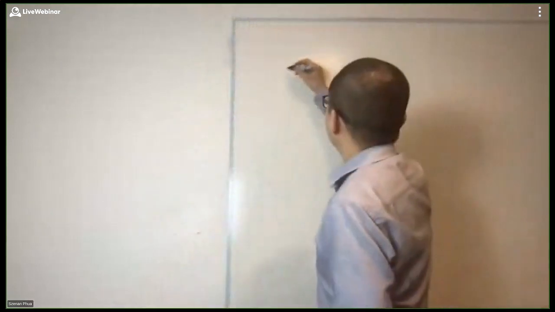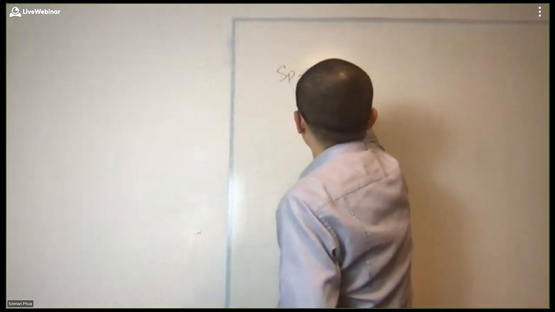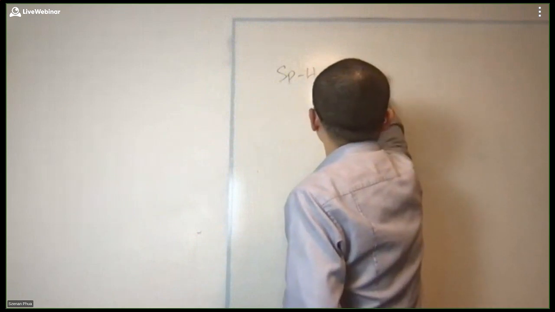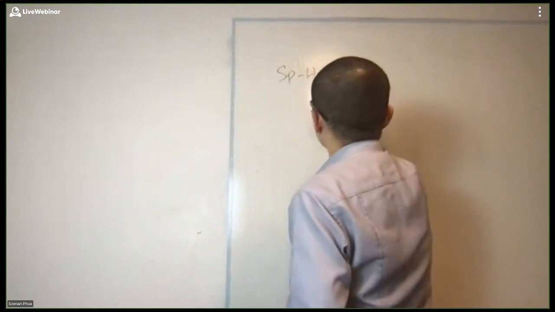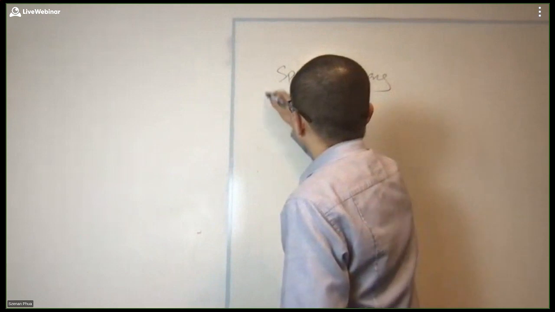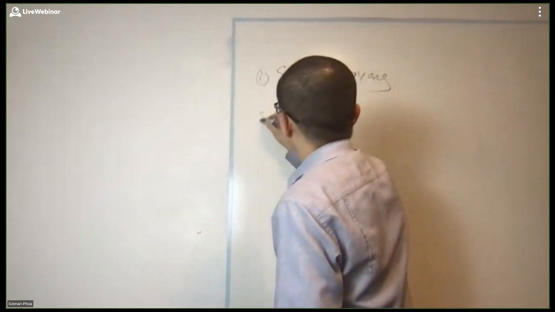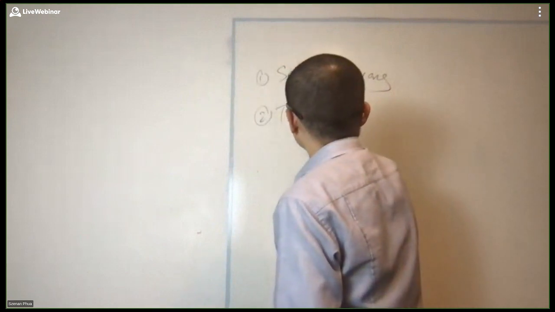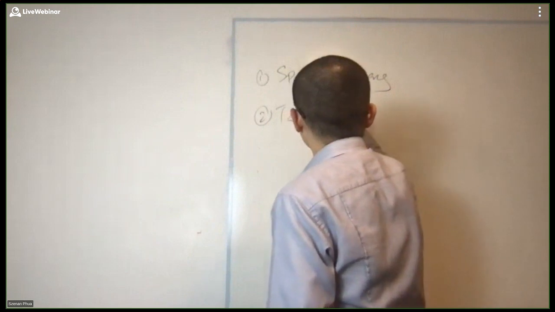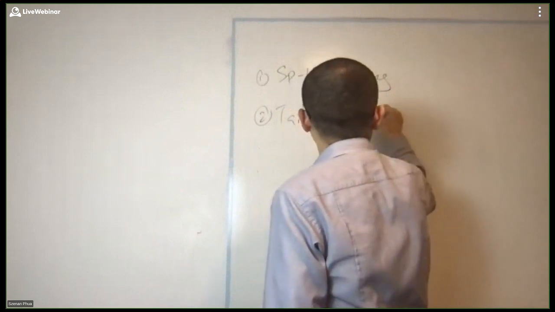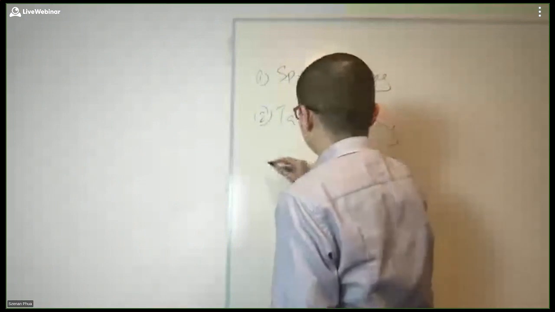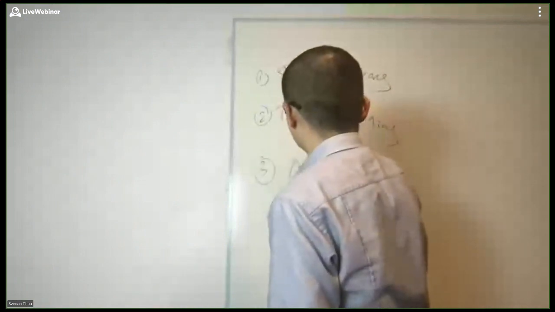Okay, now I have Shaoyang. Number two, I add on Taiyin, Yangming. Number three, I got magical 12.